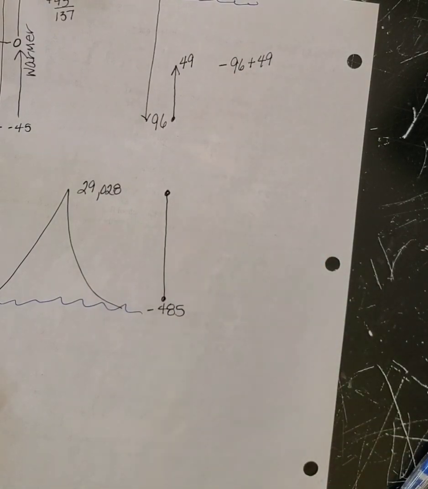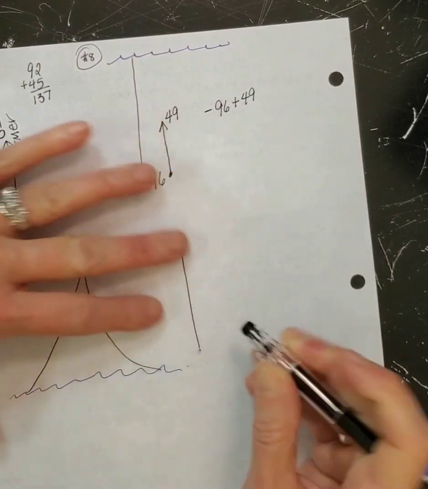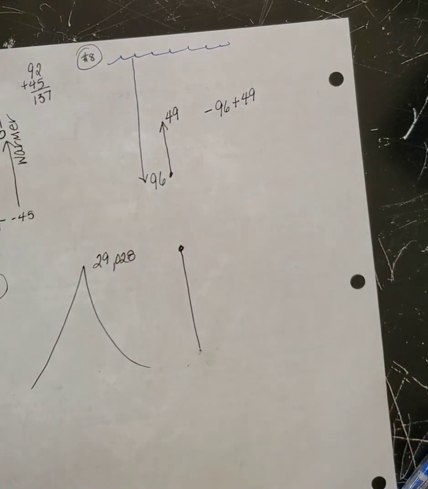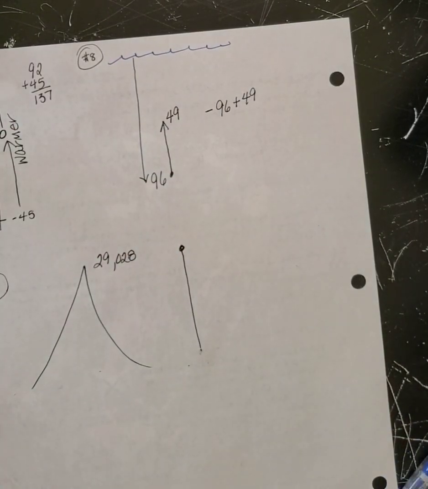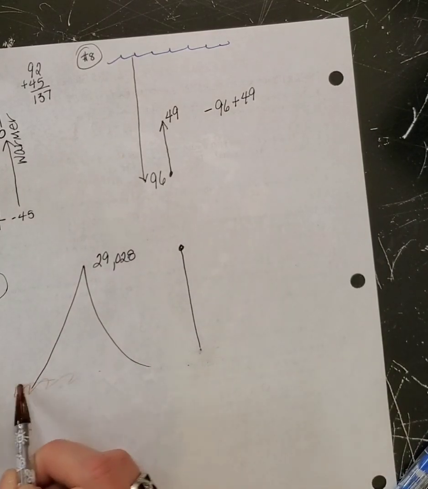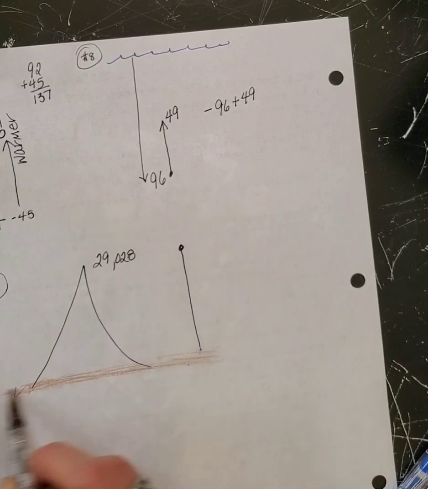Okay, I'm going to revise that a little bit right here because I want you to see that we're going to call this sea level. Okay, so this is sea level.